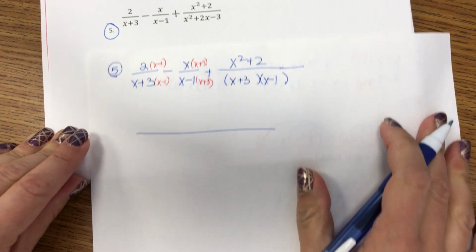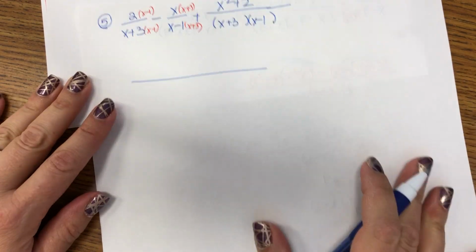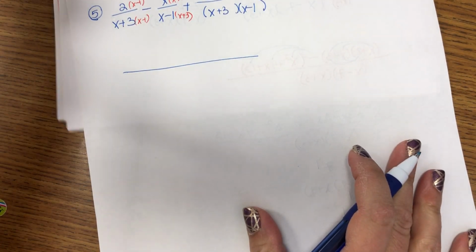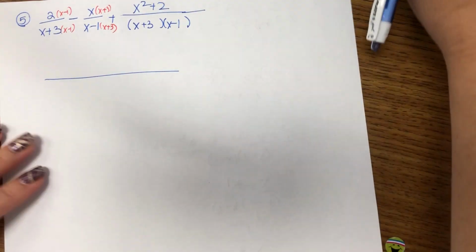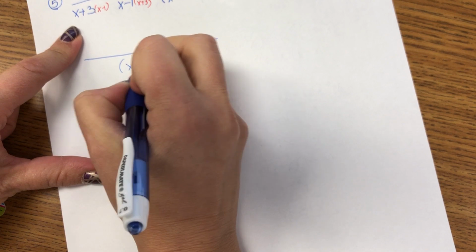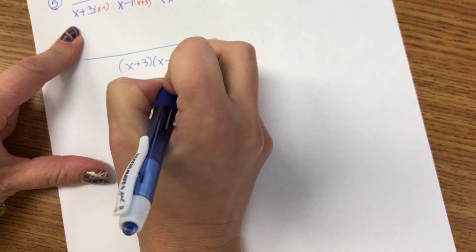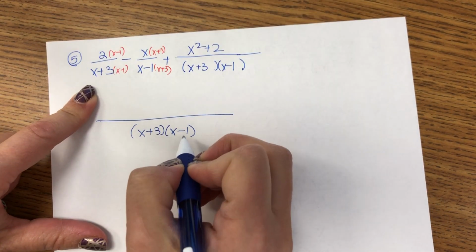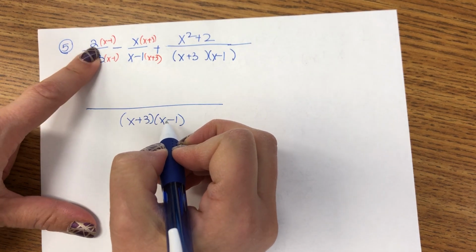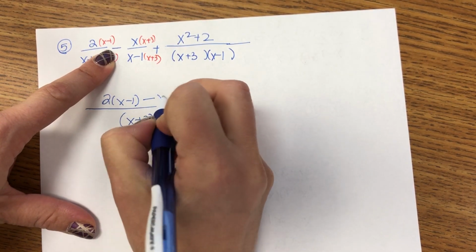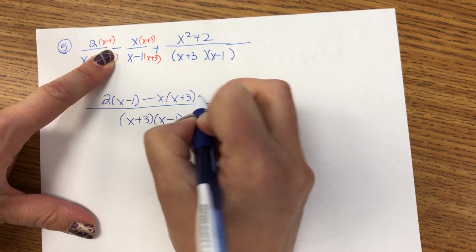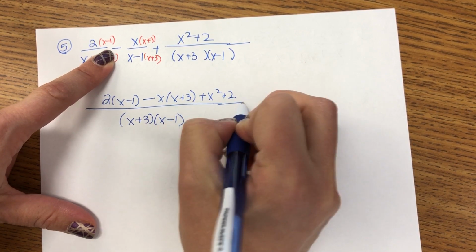Since we're not solving, you can't ignore the denominator. So, sorry, I need some space. Our denominator is going to be x plus 3 times x minus 1. And then this is going to be 2 times x minus 1 minus x times x plus 3 plus x squared plus 2.